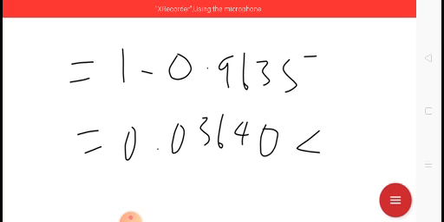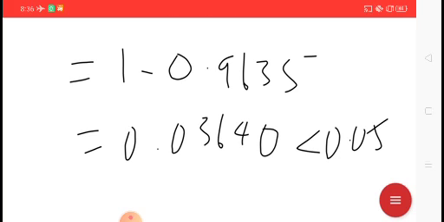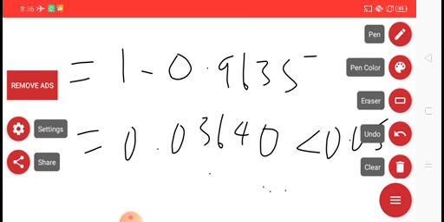And this is smaller than 0.05 because they want you to test at a 5% significance level. Once you have this, you know that P(X larger than 4) is in the critical region, meaning 5, 6, 7, 8, 9, 10 until infinity is in the critical region. But you cannot say that this is the critical region already. You need to test one more step to confirm.